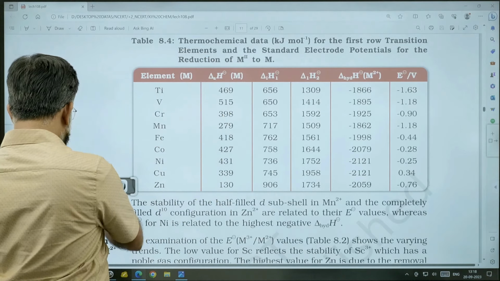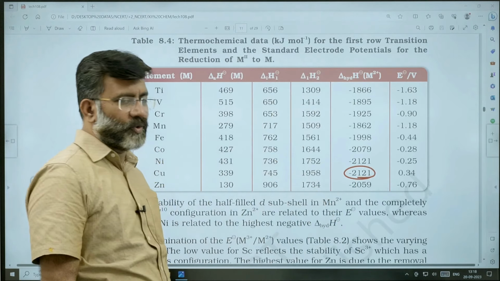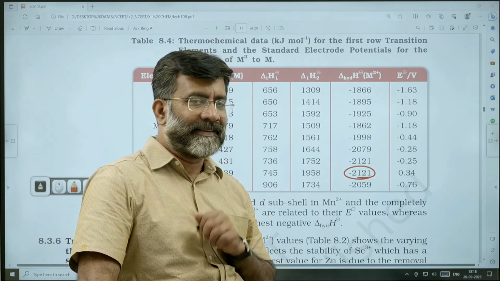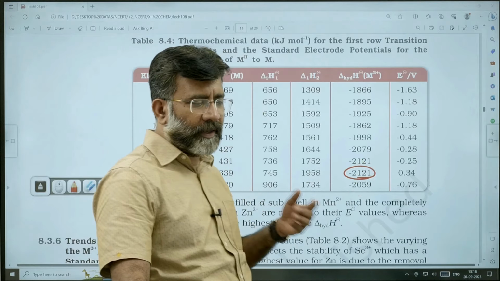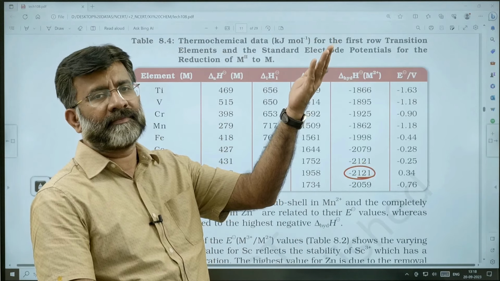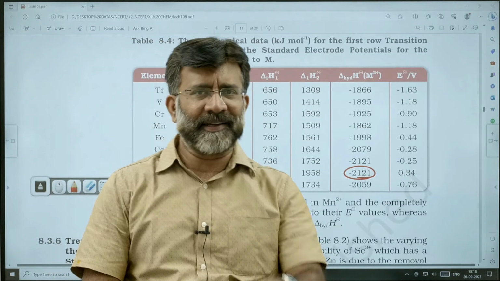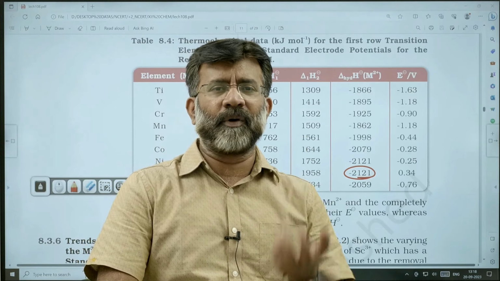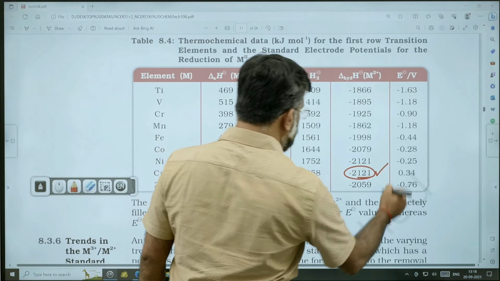In fact, imagine this value, suppose it is minus 2121, suppose it is minus 2500. Suppose the hydration enthalpy of copper is a bit higher. This value would have been negative. All are negative. Why is copper alone positive? Copper also would have been negative if it has got a compensating figure for this.